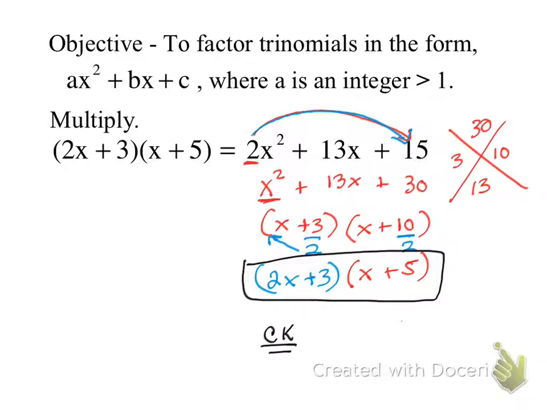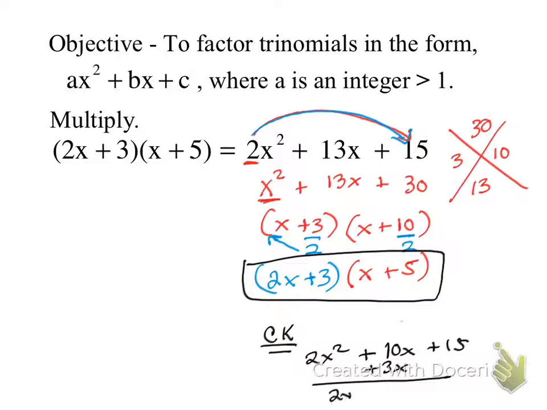The check would be to do 2x times x is 2x squared. 2x times positive 5, I'm double distributing, guys. The outside terms is 10x. The inside terms is plus 3x. And then the last terms is plus 15.